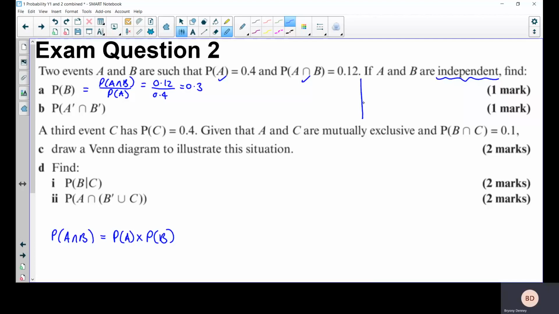So from here, we could quickly draw a Venn diagram. I know the circles are going to overlap because I have got the intersect, it was 0.12.